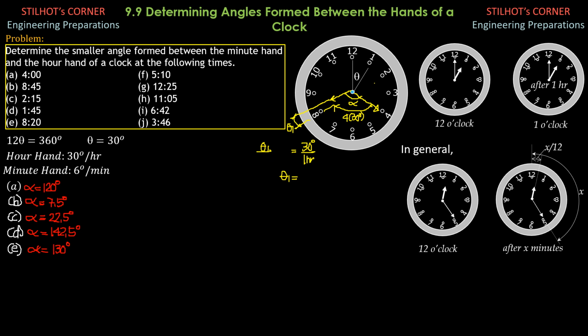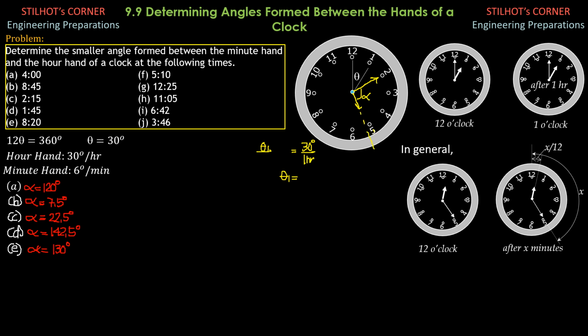Then F, so I'll erase this, and this, the drawing. So next is 5:10. So the minute hand is pointing at the 2 mark. That's the minute hand. And the hour hand is pointing beyond 5, just a little beyond 5. So this is the angle formed between the hands of the clock.